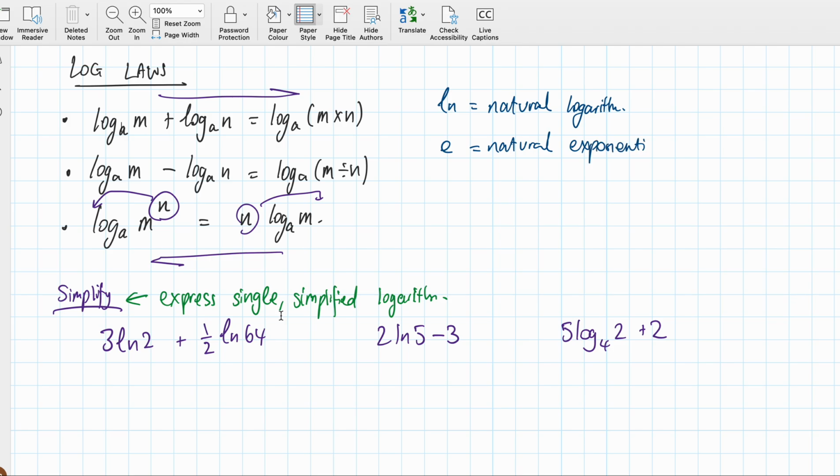Now something that might be very helpful for you is we may consider this function: ln of, let's say, e to the 3 is exactly the same as log base e of e to the 3. So we can see that ln can be interchanged with log base e. So instead of writing log base e all the time, we just use ln.